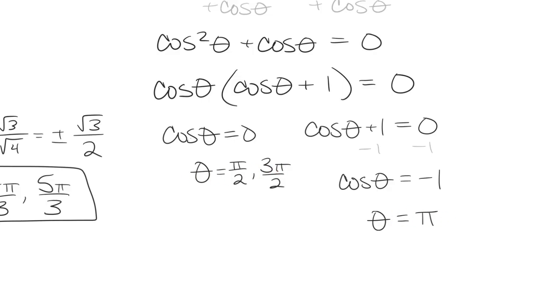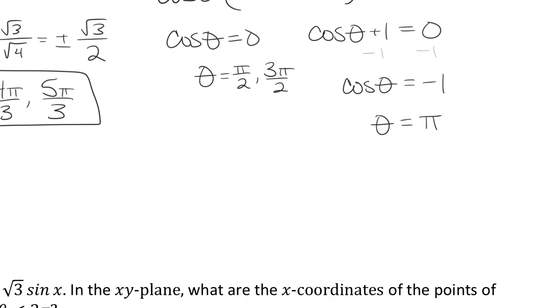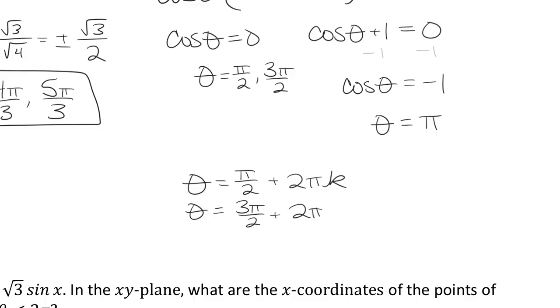I need three general equations to finish this problem. The three general equations would be as follows. This is cosine, so its period is 2 pi. We'd say pi over 2 plus 2 pi k. We'd say 3 pi over 2 plus every revolution after that. And we'd say pi plus 2 pi k. And every revolution after that, given k is an integer.